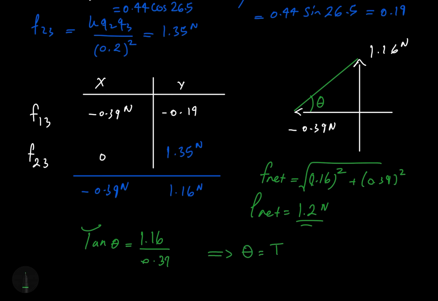So theta is going to be the tan inverse of 1.16 divided by 0.39. And that's equal to 71.4 degrees. So the net force acting on Q3 is 1.2 newtons at a direction of 71.4 degrees.